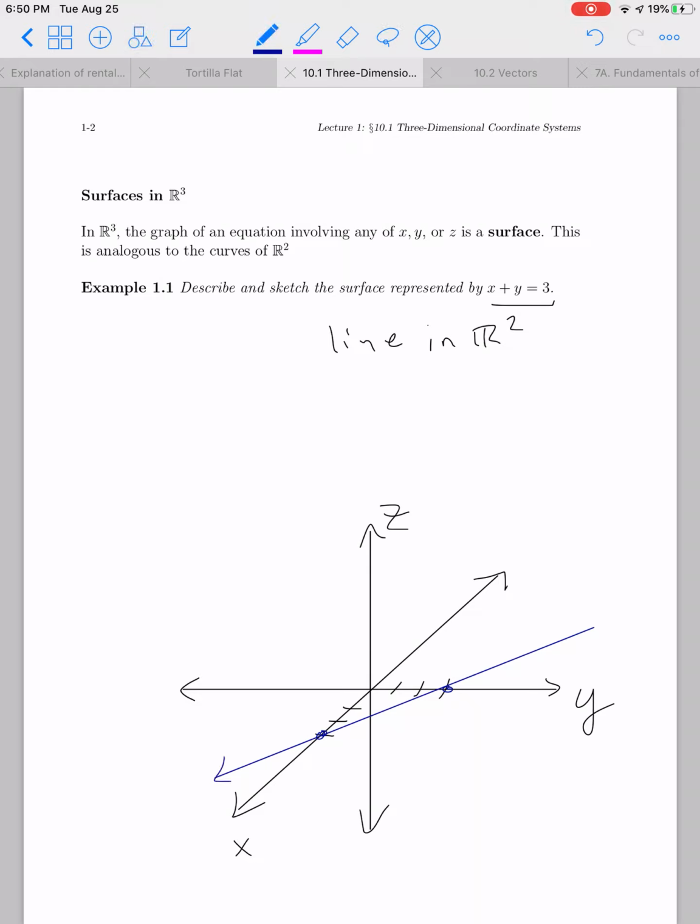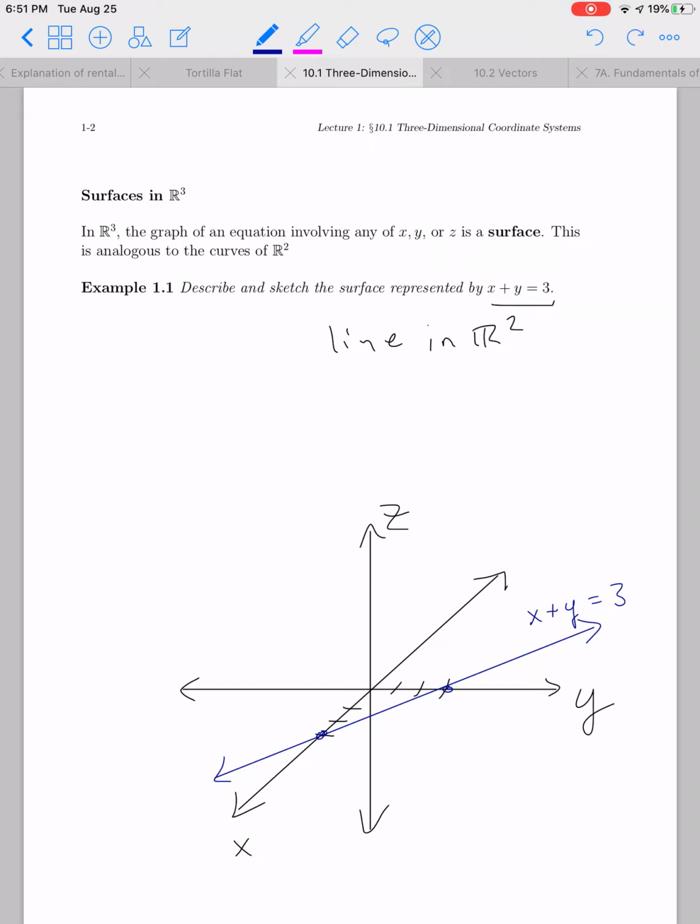Now the only issue is there are a lot of points in this three-dimensional space that satisfy this line, x plus y equals 3. One of those is the set of points that is sitting in this xy plane that we've drawn the line in. But what we'll see is that there's no constraint on z. Z doesn't show up anywhere in this equation. So it means that z can take on any value.